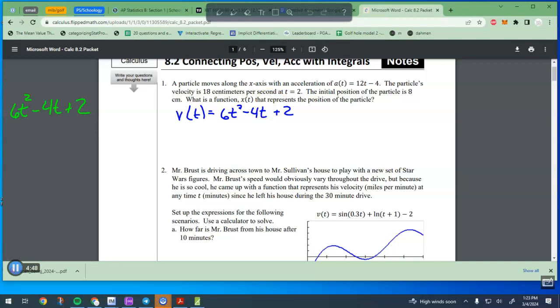And I want to get to position. So how do I go from velocity to position? Integrate. Think about integrating both sides. The integral of velocity is position. People use x a lot, or you can use h for the height. And then integrate here. So I would have 2t to the third minus 2t squared plus 2t, and then plus c.